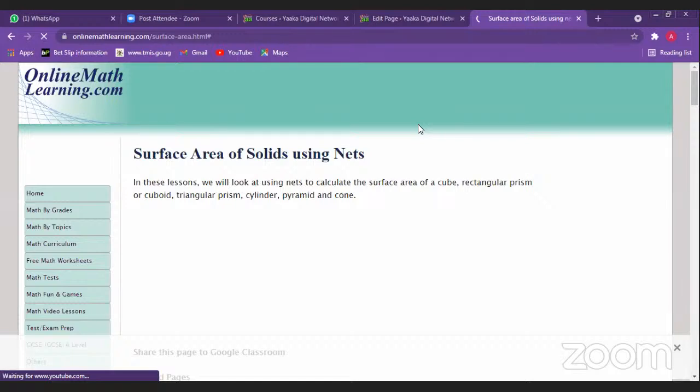Then you can come and scroll. It's still loading.